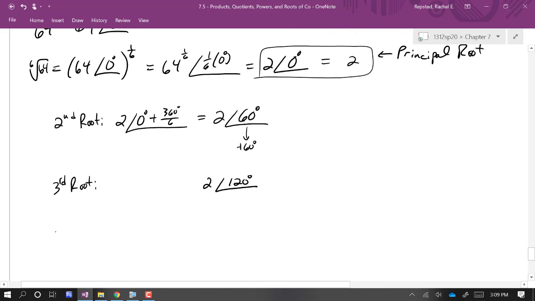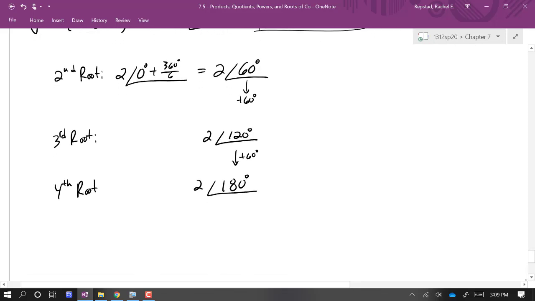Add 60 degrees again to get the fourth root. To get the fifth root, 180 plus 60 is 240.